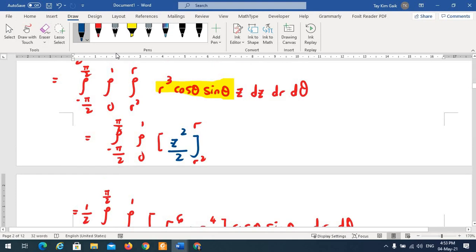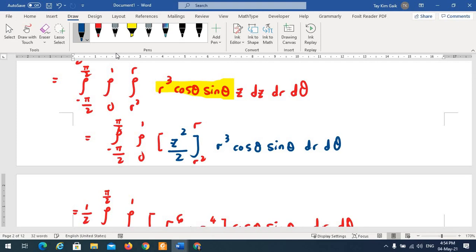Go back again. After here, r cube cos theta sin theta dr d theta. Okay, limit of z, r squared until r. So I misput this one.